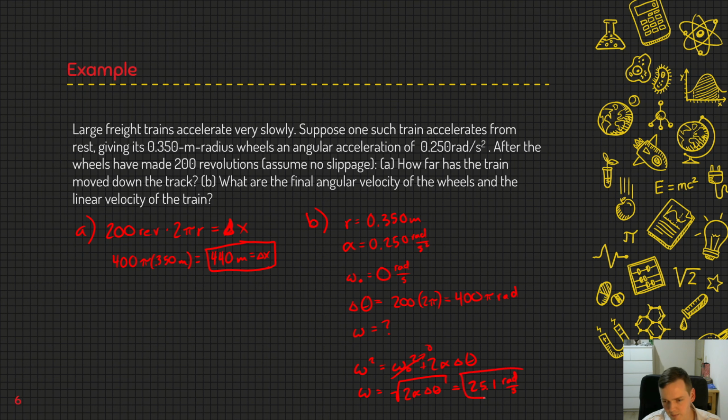radians per second. And then if we want to convert that to a velocity, well, we know v equals r omega. So v is equal to 0.350 meters times 25.1 radians per second, which will give us a speed of 8.77 meters per second.